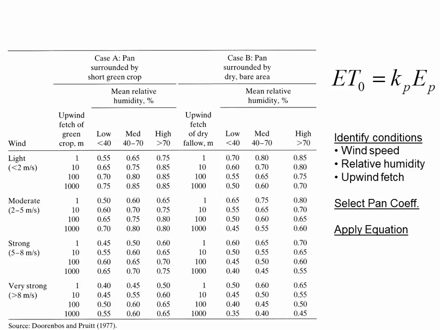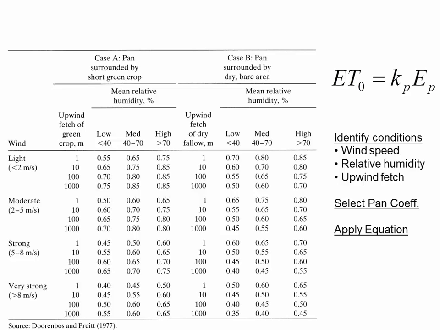So if we're planning to put grass there instead, how much evaporation would there be compared to the dry, bare area? There's actually going to be more evaporation if it's grass. We notice that the pan coefficient is 0.75 instead of 0.6.